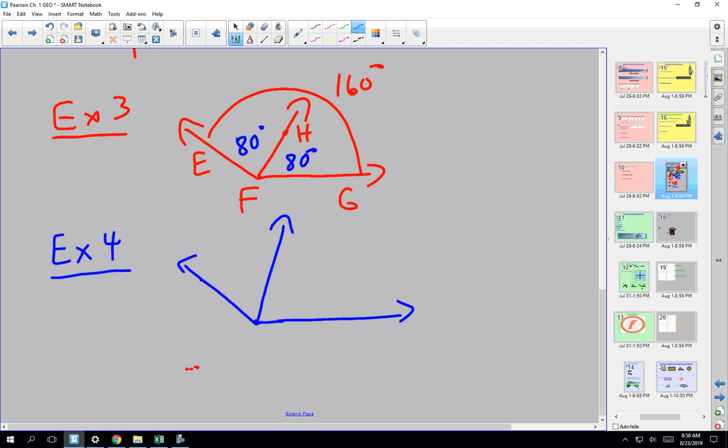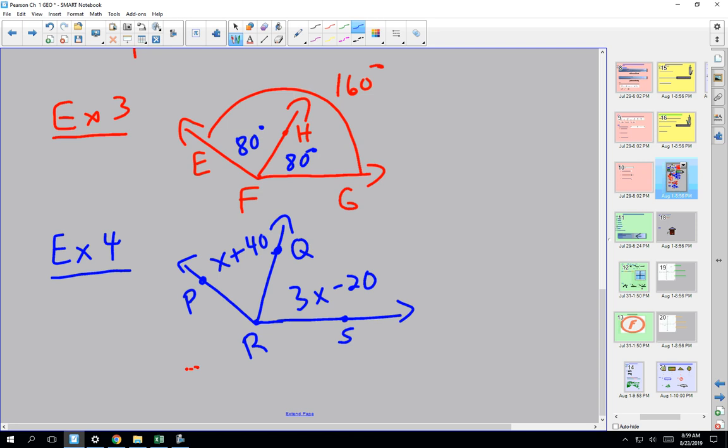So we've got P over here, R is the vertex, S is somewhere over here, Q is up here. Now we're going to use some algebra to solve. So we got x plus 40, and we've got 3x minus 20, both in degrees. So it says using the diagram and the fact that RQ bisects PRS, solve for x.